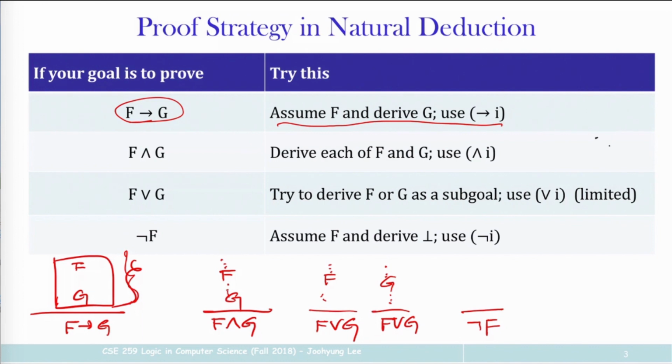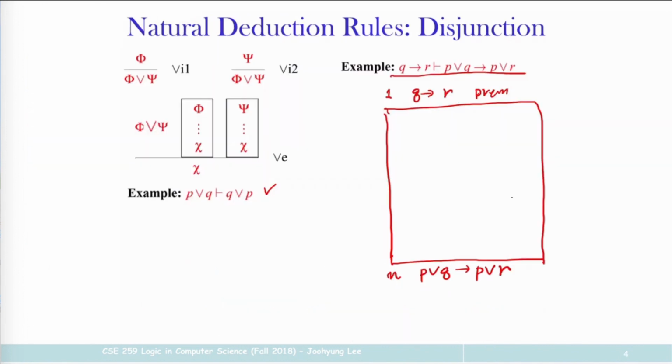I'm just using the first strategy here, right? So what is the first line of this box? P or Q, good. What is the last line of this box? P or R, right? So if we can establish the box, then we can derive P or Q implies P or R. Are we together? It's a no-brainer. It's just too simple, but you cannot miss this step.